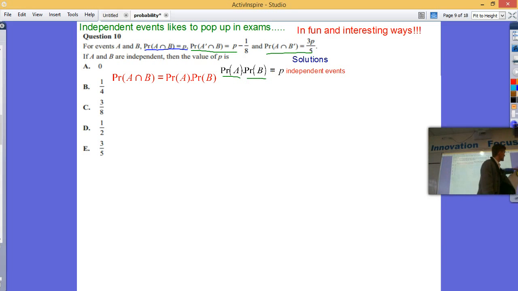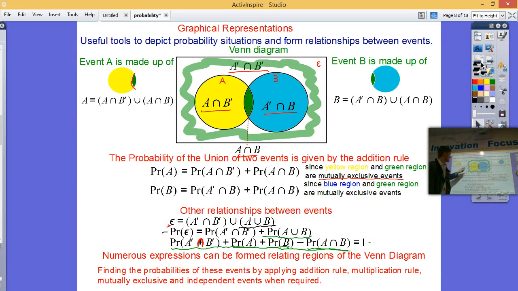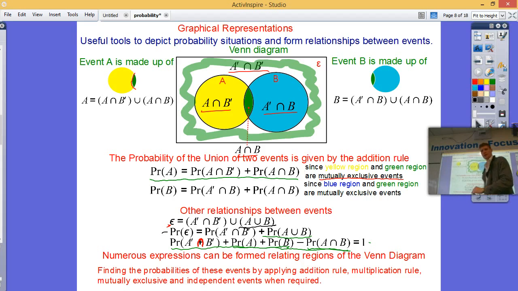Well, by studying the Venn diagram previously, we saw that our whole event A is split up into two parts: A intersect B naught, and the green bit, A intersect B. And so the probability of an event like A is given by this right-hand side. This is very useful because we have information about that in our question.